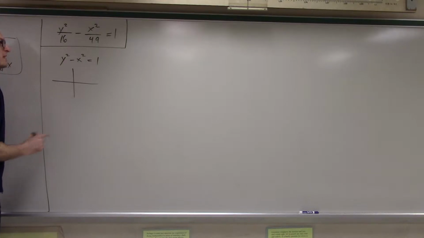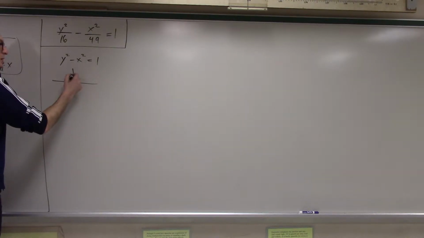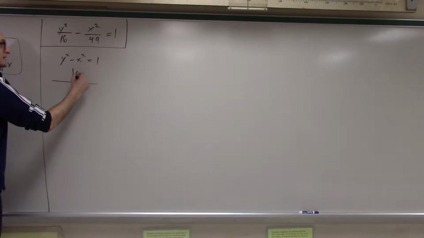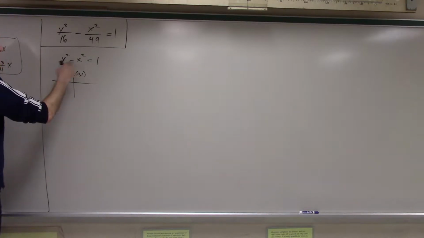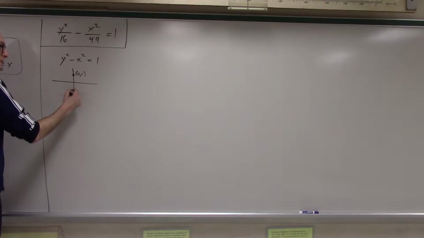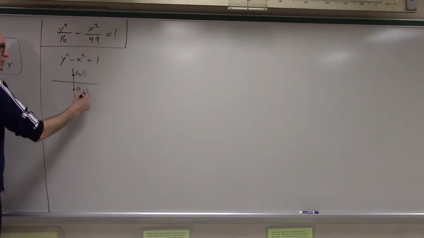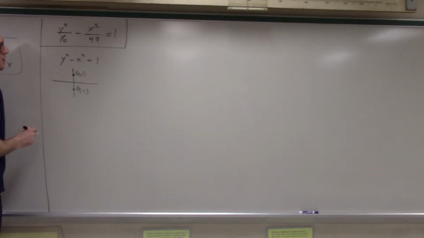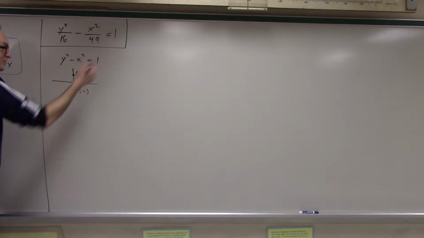Well, let's just plug in some numbers. When x is 0, y is 1. So that's 0, 1. If x is 0, y could also be negative 1. So 0, negative 1. And then y squared is always x squared plus 1.